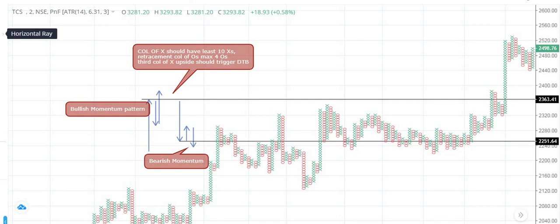Now a little variant to this, something different, right? The difference, you will see in it.